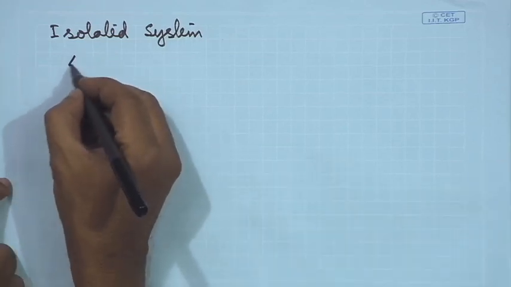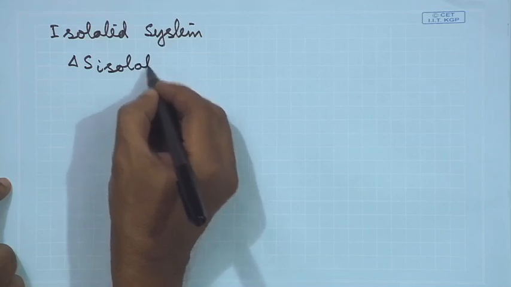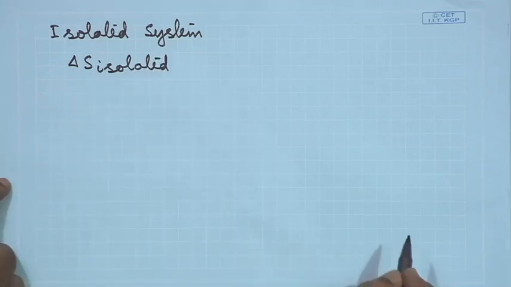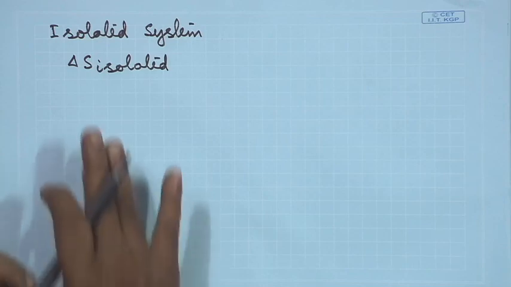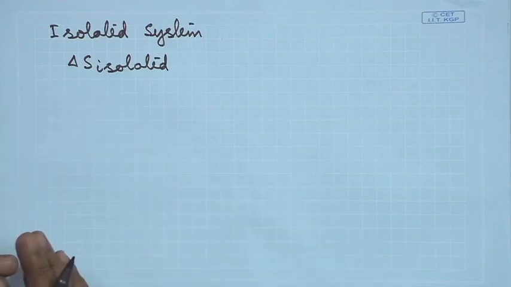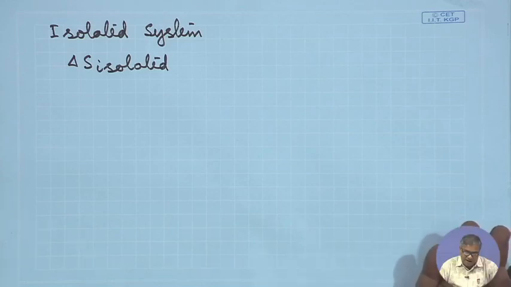So, delta S isolated. Delta S isolated means there is some sort of change. We are observing that isolated system for some time.